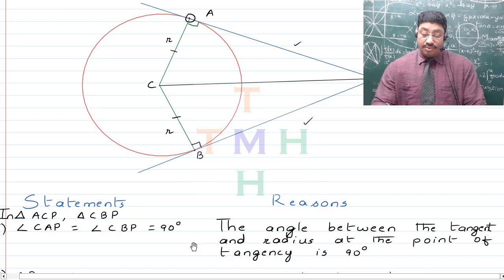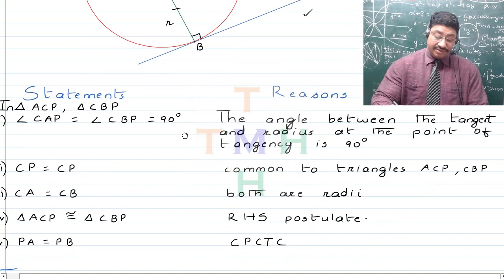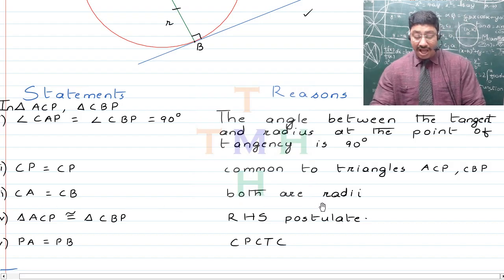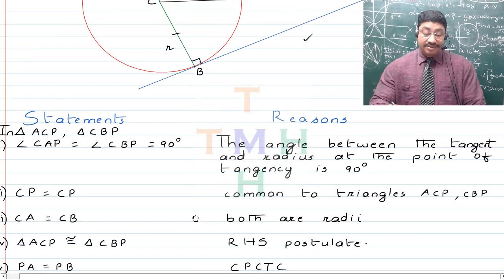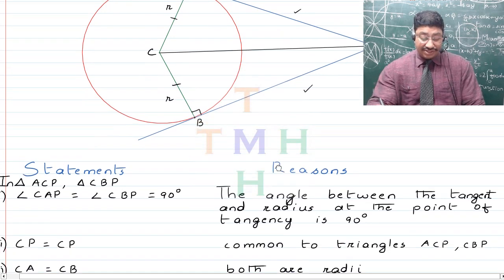Next, we also talk about the third thing, that is the third sides, that is CA is equal to CB, and the reason for that is that both are radii and as such both are equal. Now as we have both of these triangles in which the RHS postulate has been applied, we can say that both of these triangles will be congruent by the RHS postulate.